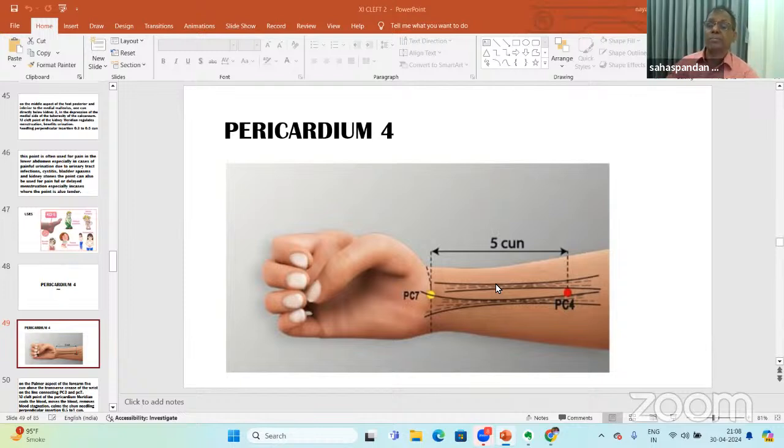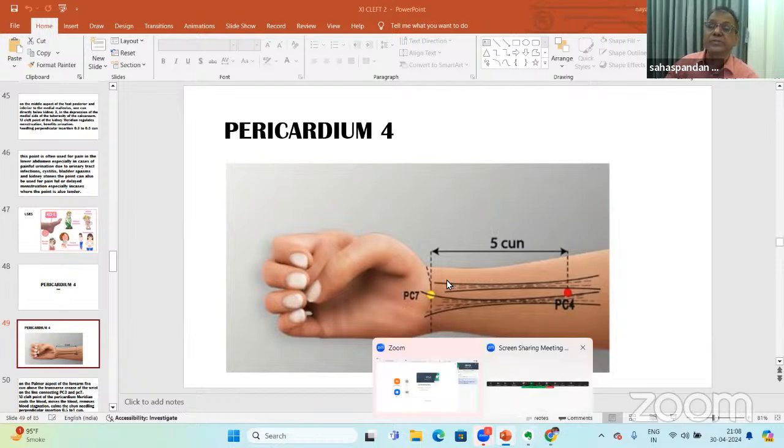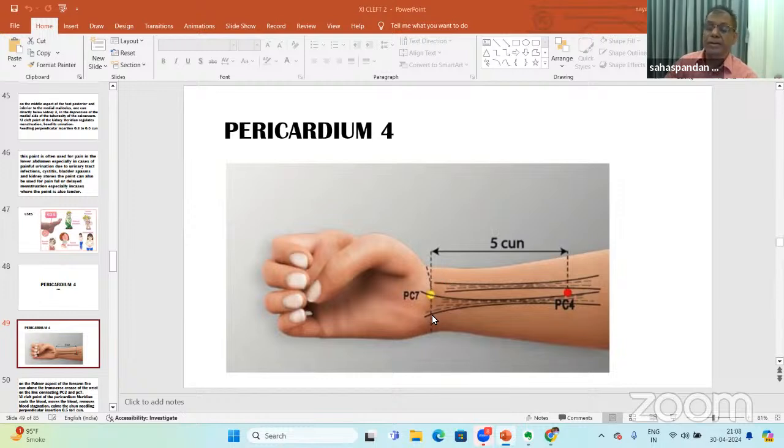On the palmar part of the forearm, 5 cun above the transverse crease, on the line connecting pericardium 3 on the elbow and pericardium 7. So this is the xi-cleft point of the pericardium meridian.